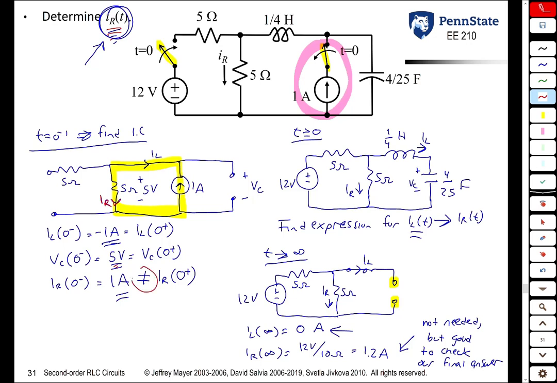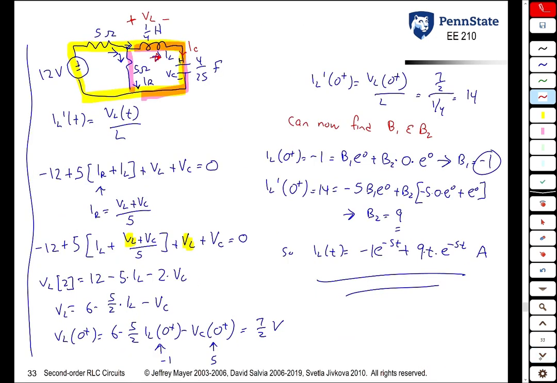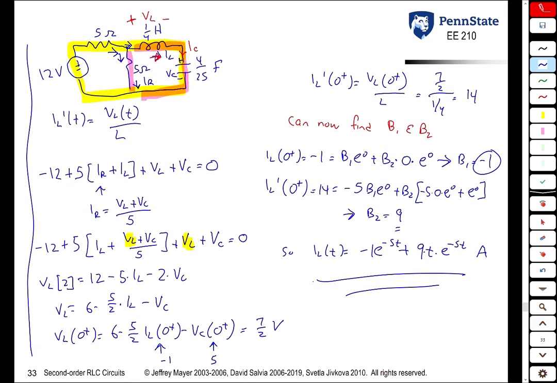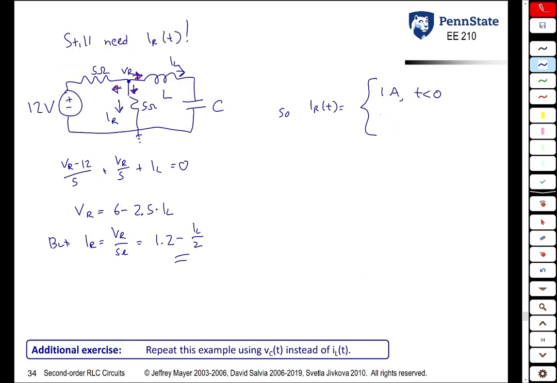Once again, remember that is not necessarily IR of 0 plus. So we get 1 amp for t less than 0. For t greater than 0, it's 1.2 amps minus IL over 2.